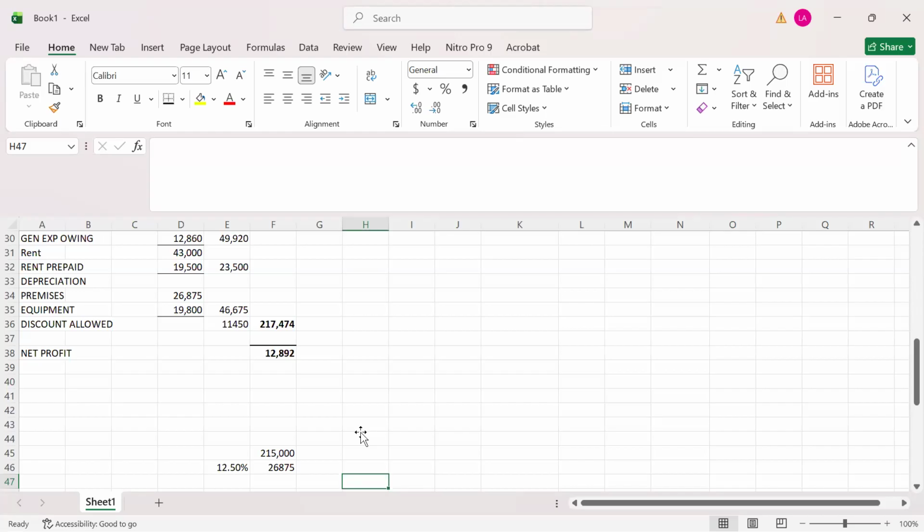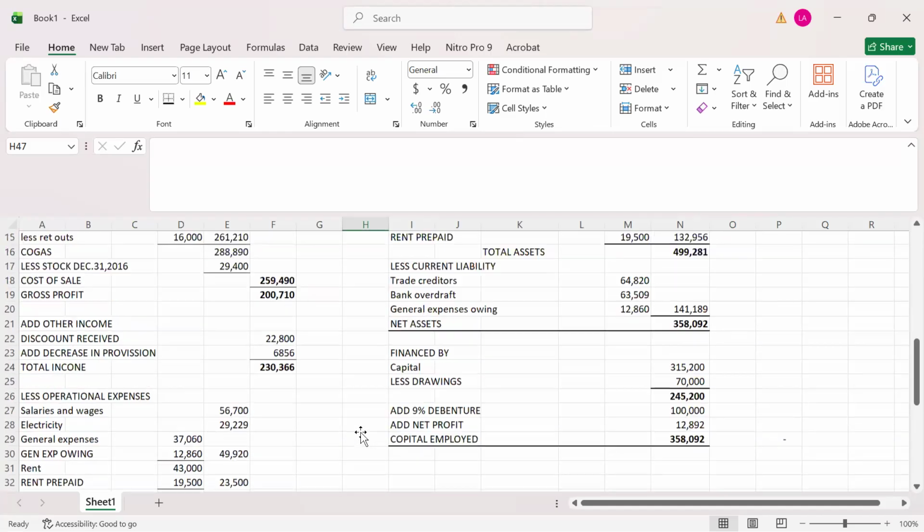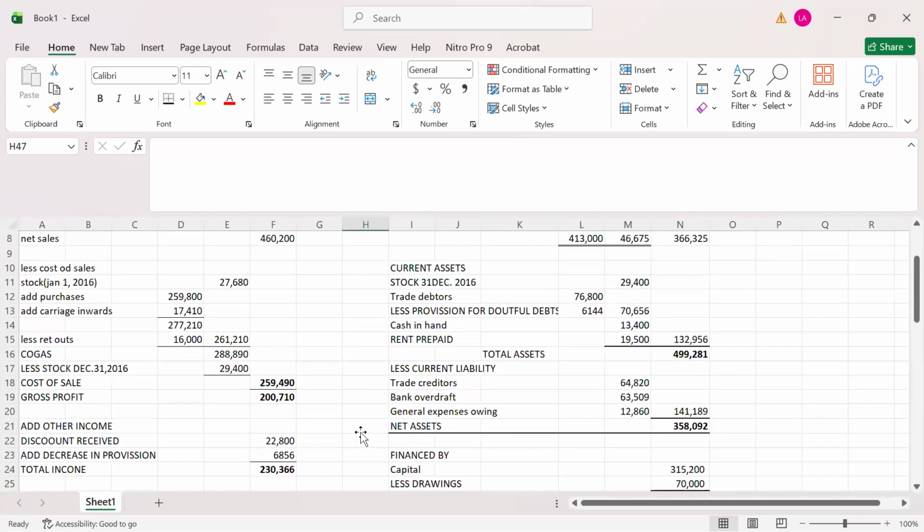Sir, please, I would like to ask, is this part of the compulsory? This one and another one are there.